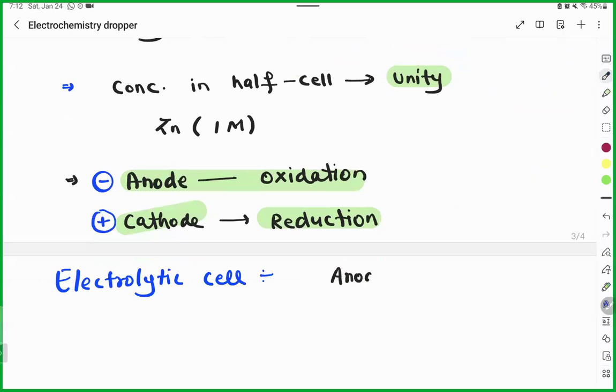In case of an electrolytic cell, your anode will be positive and cathode will be negative.